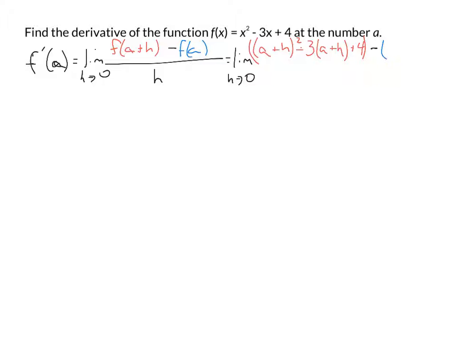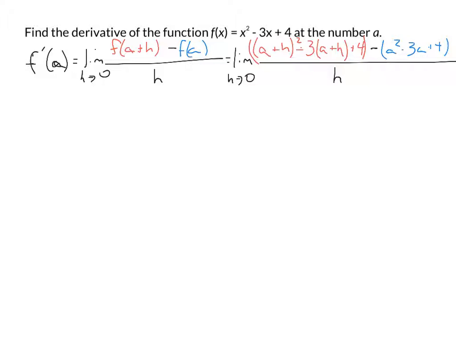So instead of our x's, we replace those with a. So we have a squared minus 3a plus 4. And all of this is over h. And so now it's just a matter of doing simplification until we're able to do direct substitution and plug 0 in for h. Right now we cannot do that, obviously, because that would make our denominator 0.